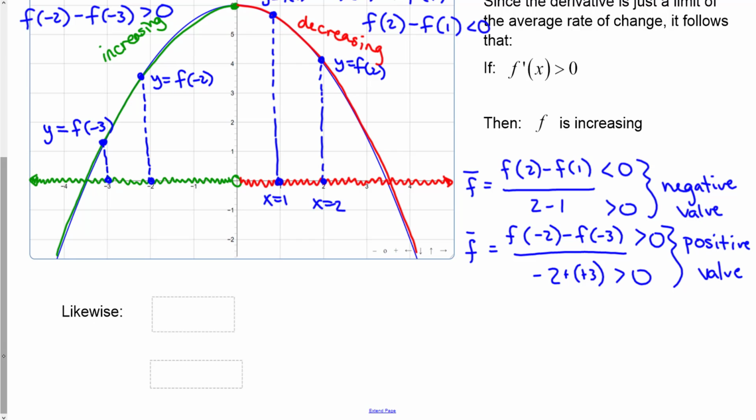And likewise, if the first derivative is less than 0, then we have average values that are less than 0, which means we're on an interval that is decreasing. So that would tell me that f of x is decreasing.